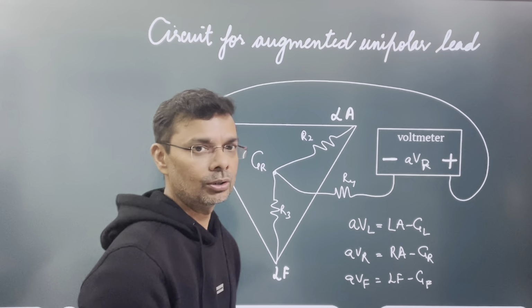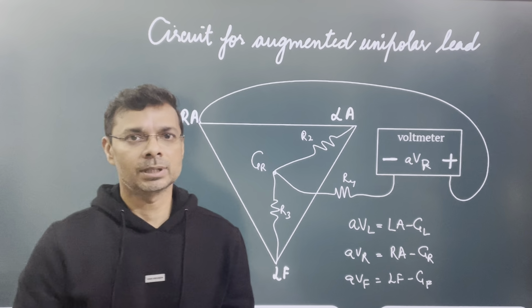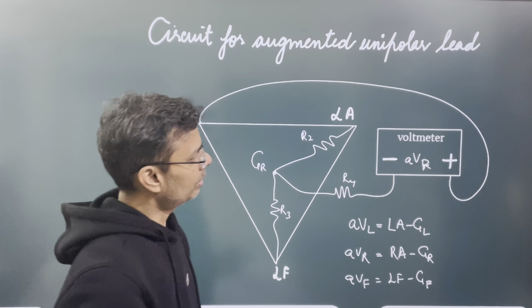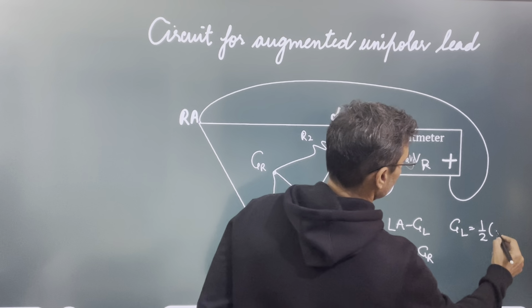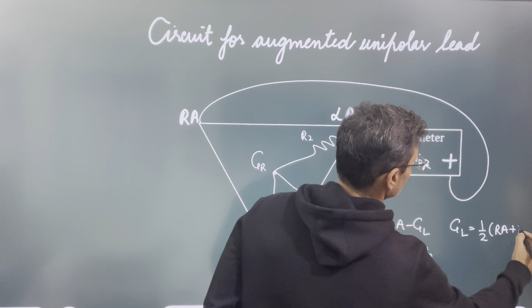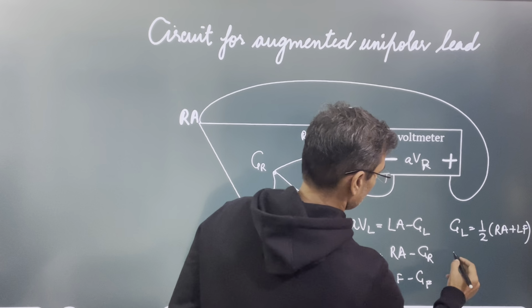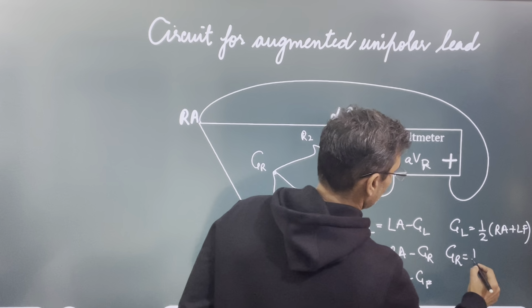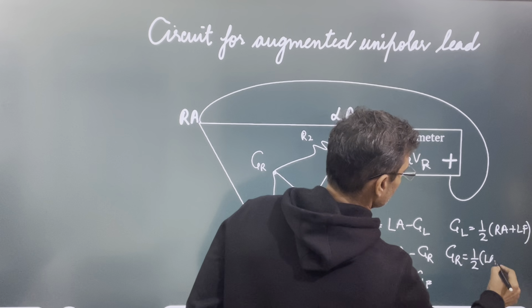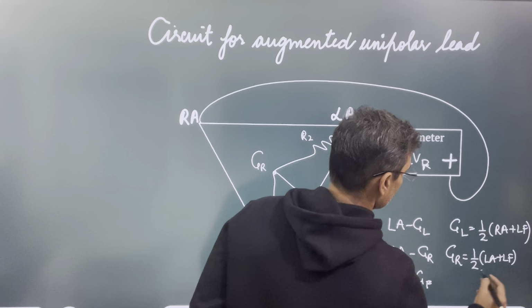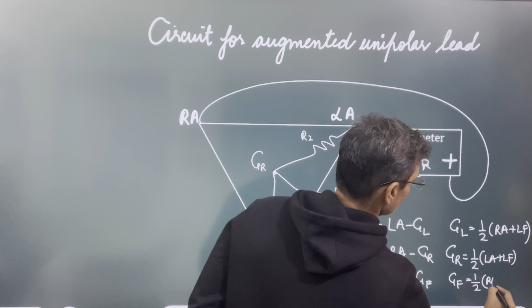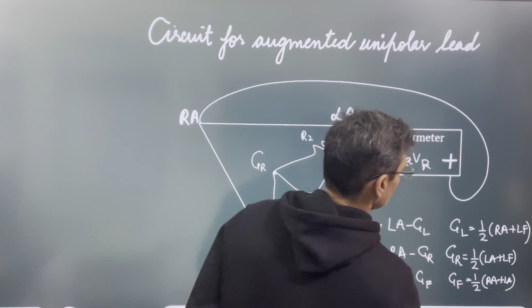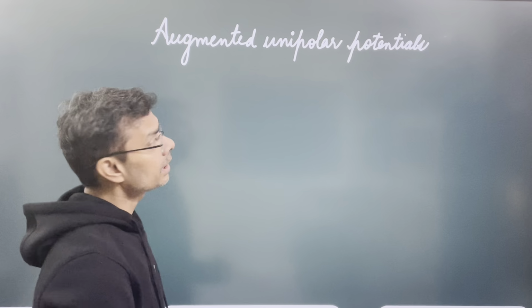Now, what is the value of GL? Using the same analogy as before, we will find the value of GL. GL will be half of (RA plus LF). Similarly, GR is half of (LA plus LF), and GF is half of (RA plus LA). So we can write the potentials of the augmented unipolar leads.